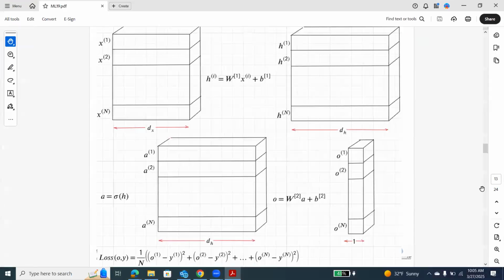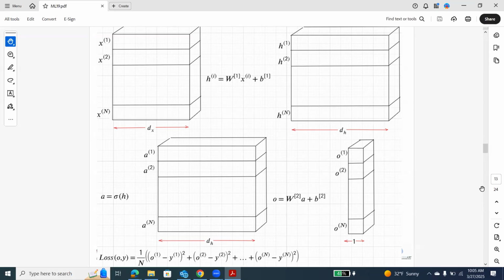Okay, and finally we calculate the loss function, which is the average of the errors, for example, for MSE loss. You remember in backward mode, we first calculate the gradient of our last node with respect to inputs.